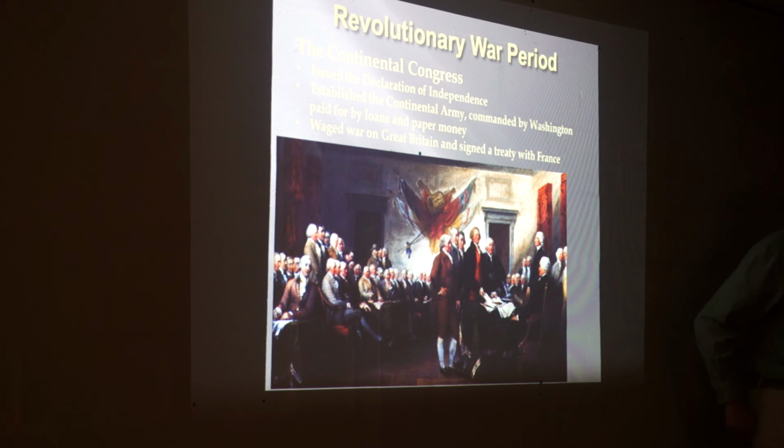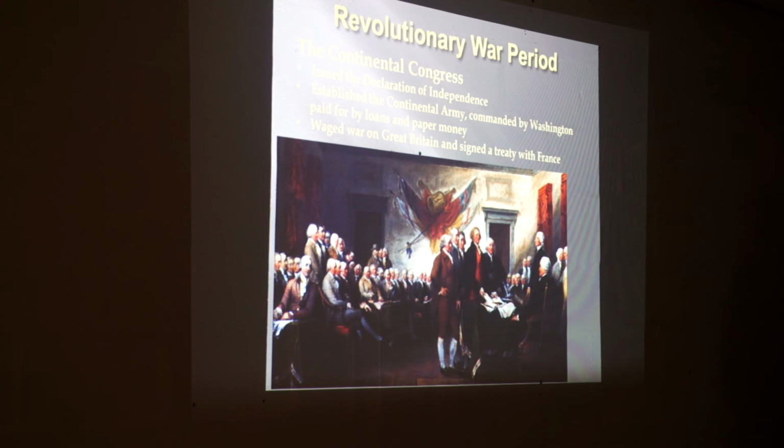There you go. I'll try to make some comments about the coinage and the currency and relate it to the history of the time, starting with the Revolutionary War. And I'll point out that we think of our current Congress as gridlocked and do nothing. Here's what the Continental Congress accomplished. They issued the Declaration of Independence.